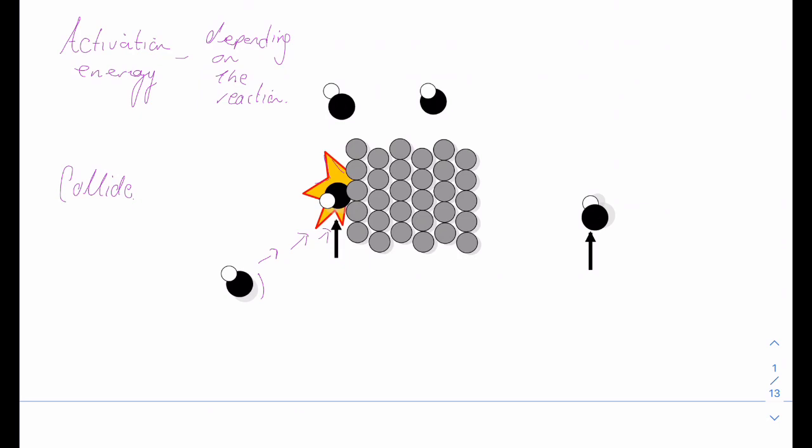The particles have to have a certain amount of energy. This certain amount of energy is called the activation energy. If it has got that amount of energy or more, when it moves towards the reacting particles, it collides, and then a new product is formed. So that's the first really important bit, which is about activation energy.